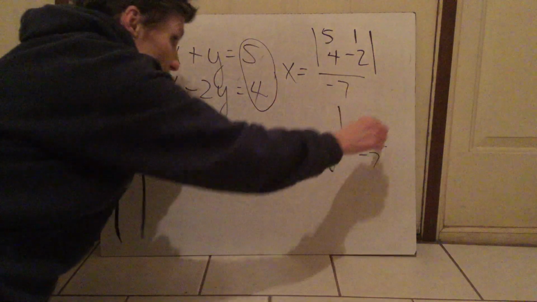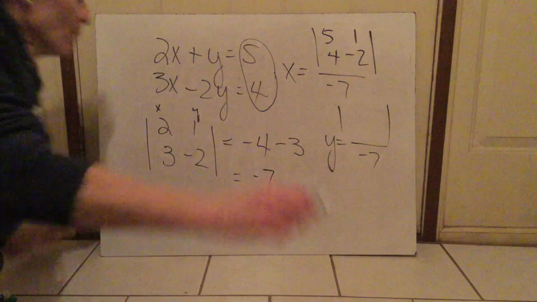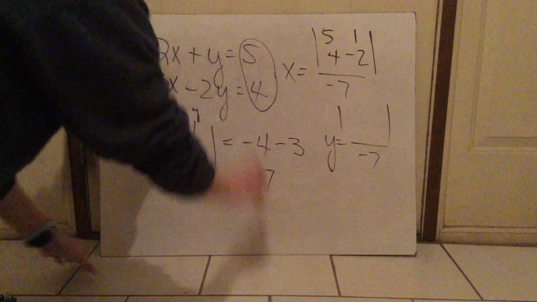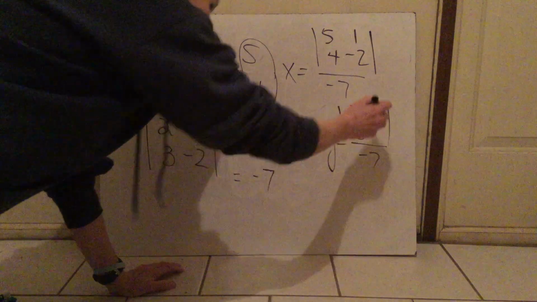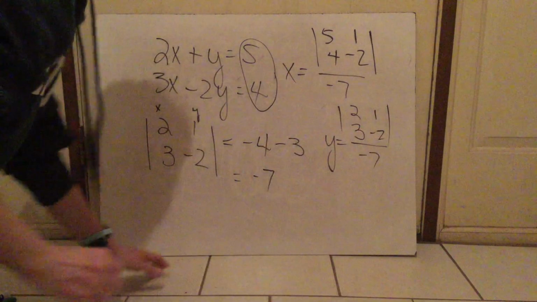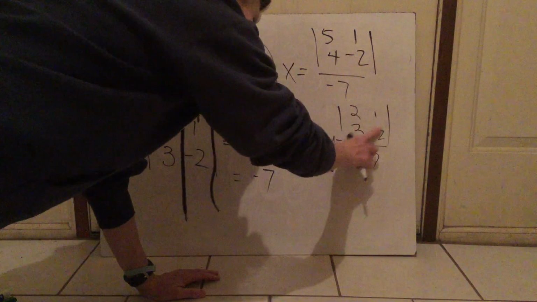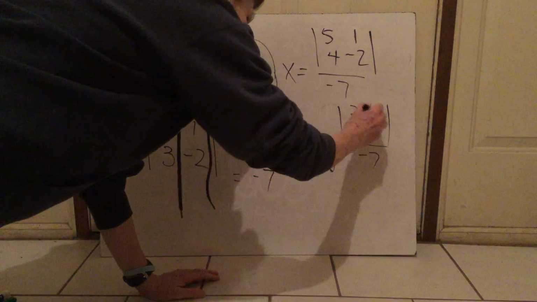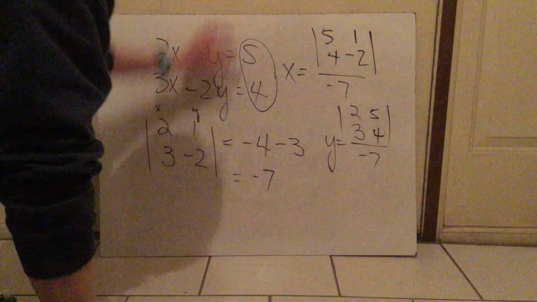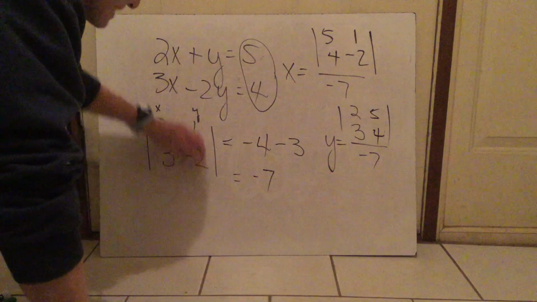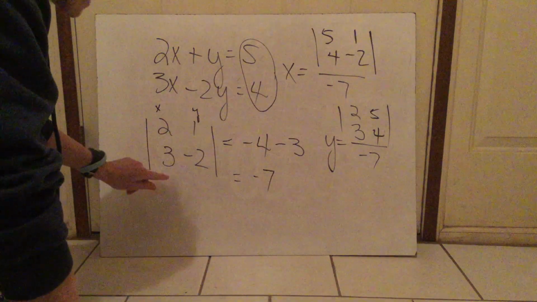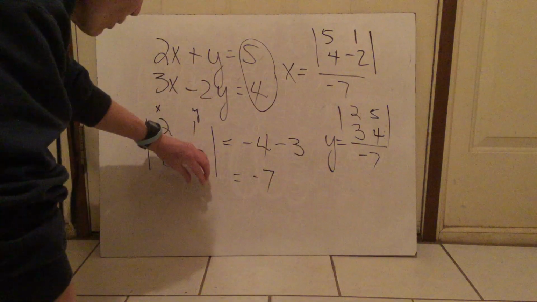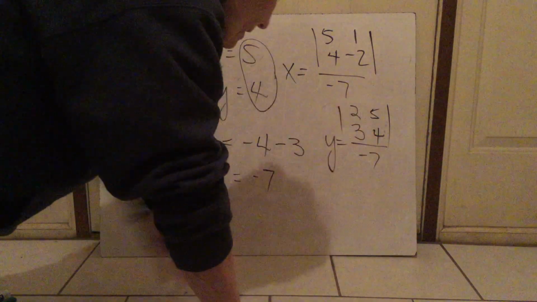And then similarly for y, we're going to cut out this 5 and 4, but we're going to paste it on top of the y's. So we have 2, 3, 5, 4 and 1, negative 2 for x. The x's stay put in the y determinant, and then the 5, 4 goes right on top of the y's.